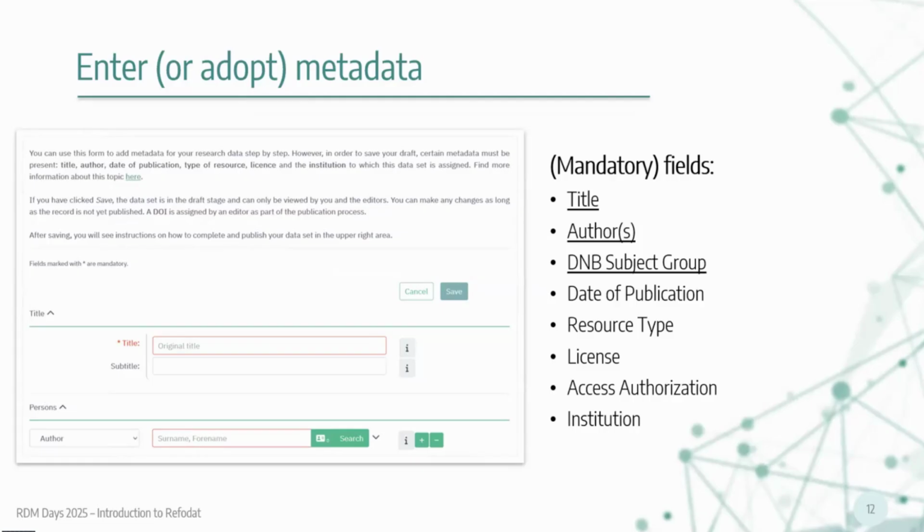So mandatory fields are title of the dataset, authors, DNB subject group, so what subject is your data belonging to, date of publication, resource type, license, access authorization, so which kind of access option do you want to choose, and your institution.